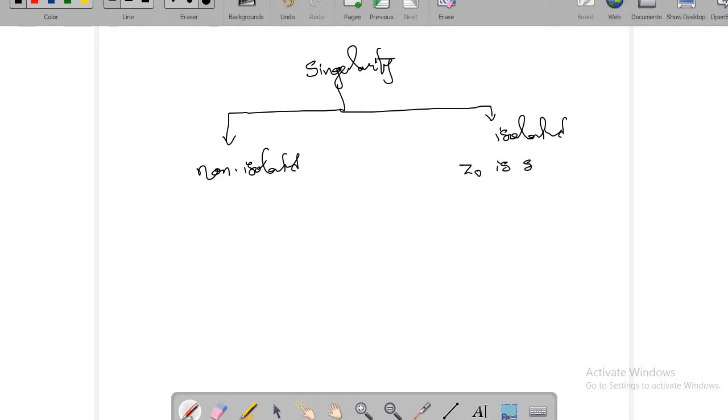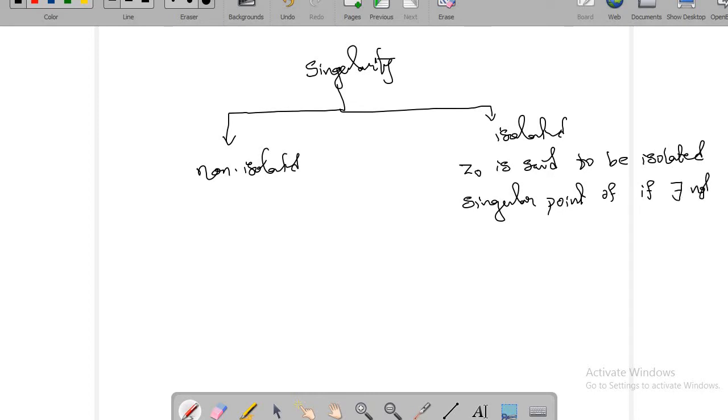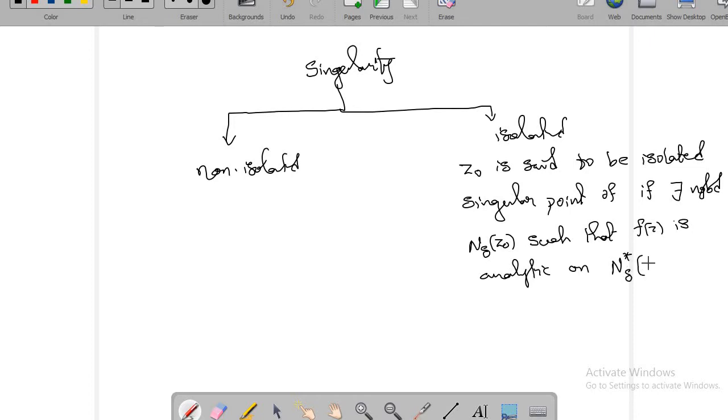Z0 is said to be an isolated singular point of f if there exists a neighborhood, that is N delta of Z0, such that f of z is analytic on this deleted neighborhood N star of Z0.